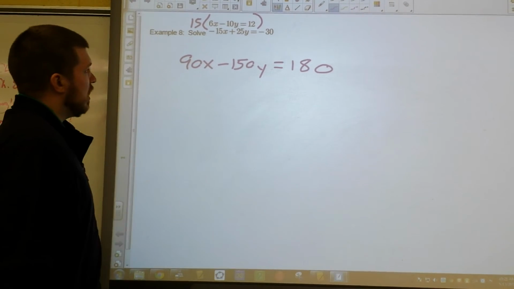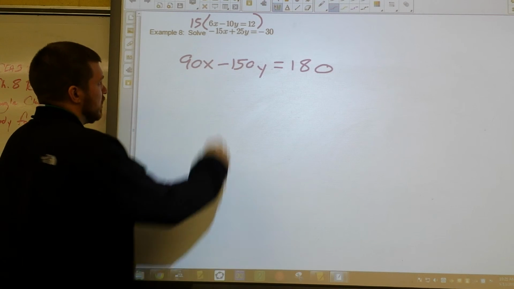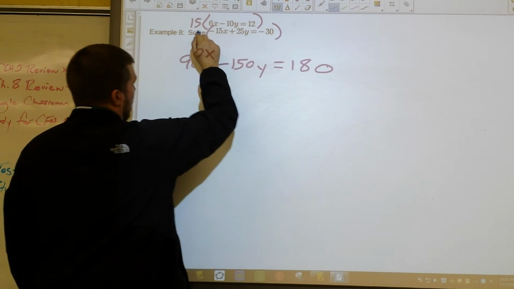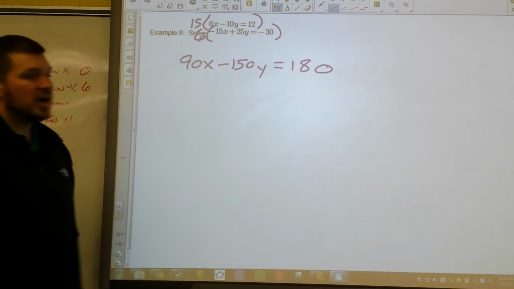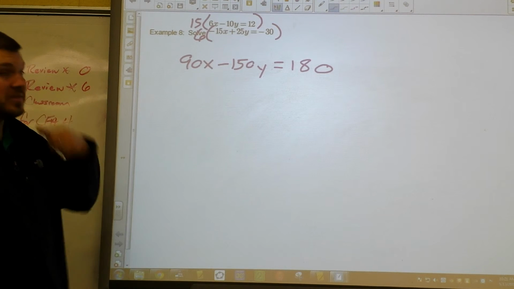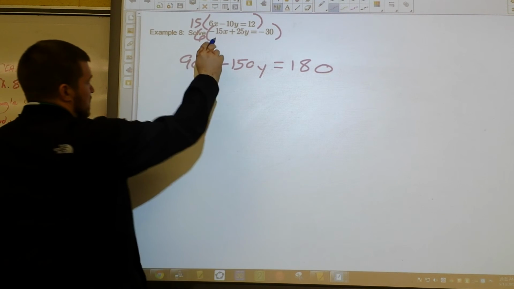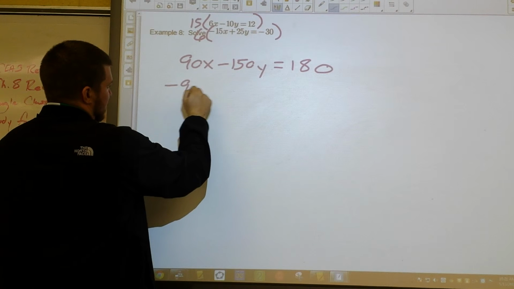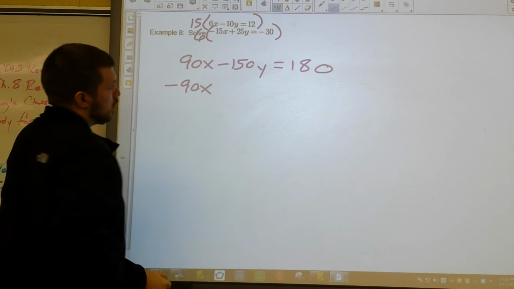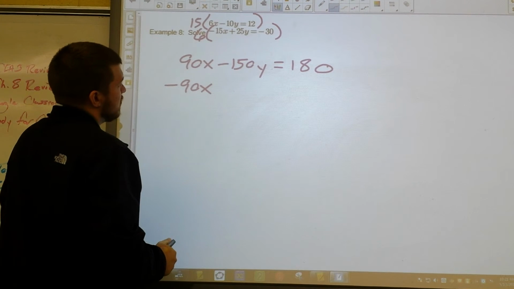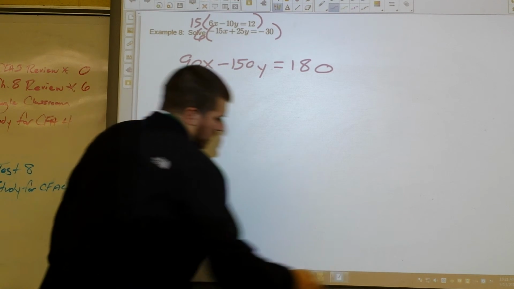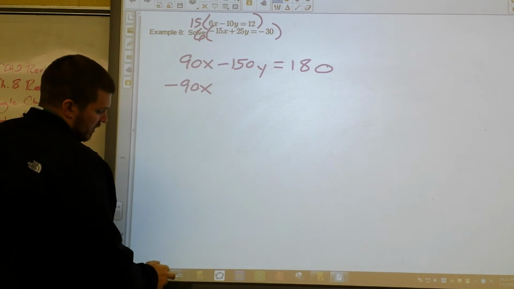All right, so now I need to do the same idea with the bottom equation. This time I'm going to multiply by positive 6 because I want my x to come out to be negative 90. So 6 times negative 15 is negative 90x. 6 times 25 is, let's see, 6 times 25. I think that's 150, but again, I'm going to double check it.